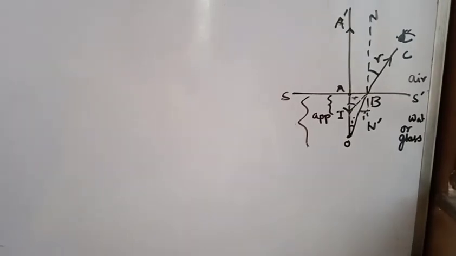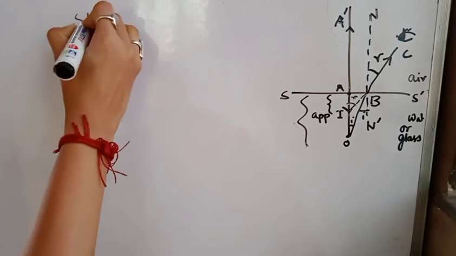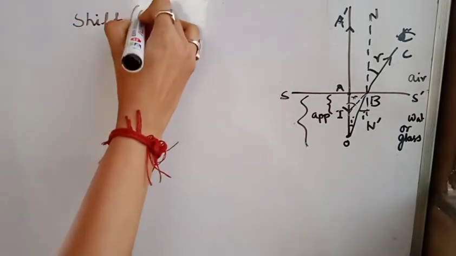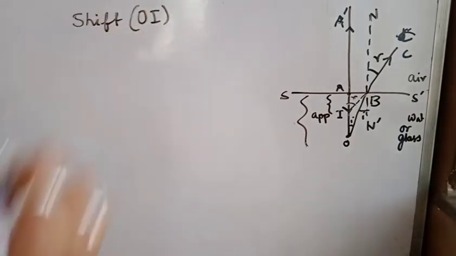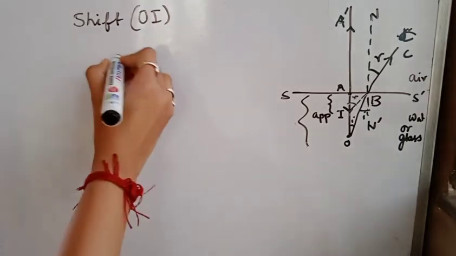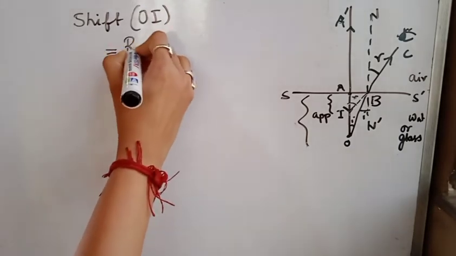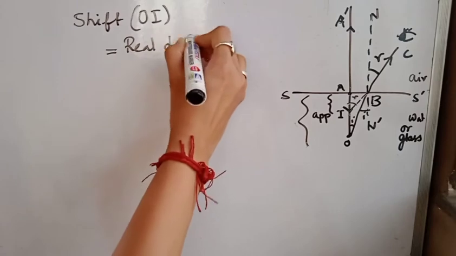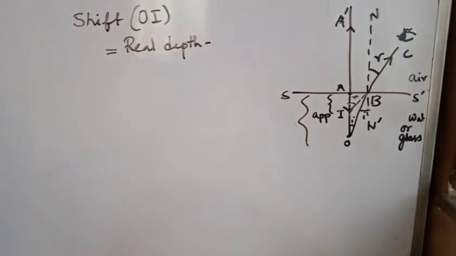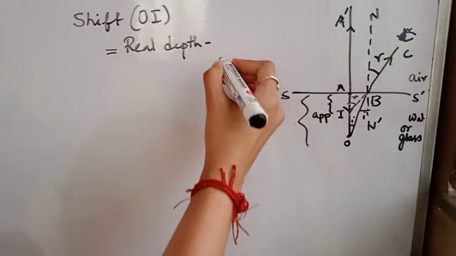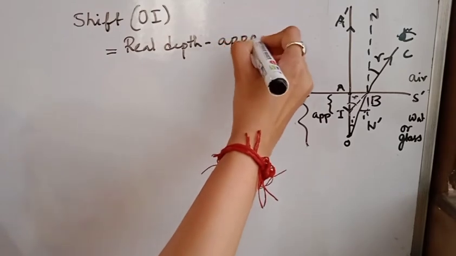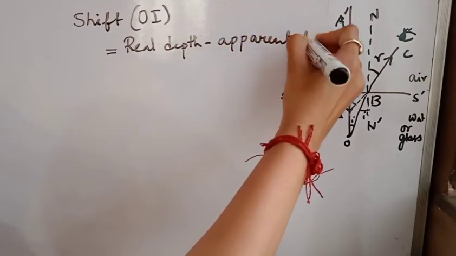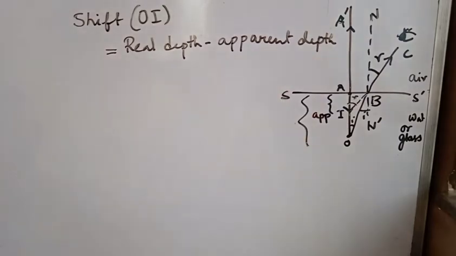We can write that the shift is equal to OI, that is the distance, OI is the shift, right? So shift can be written as the real depth minus the apparent depth, right?